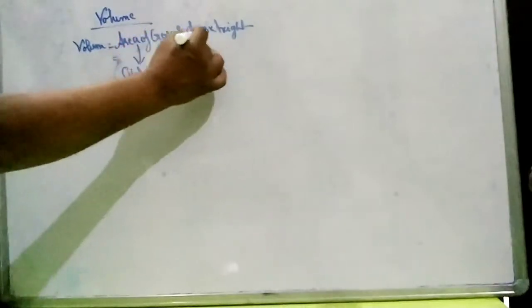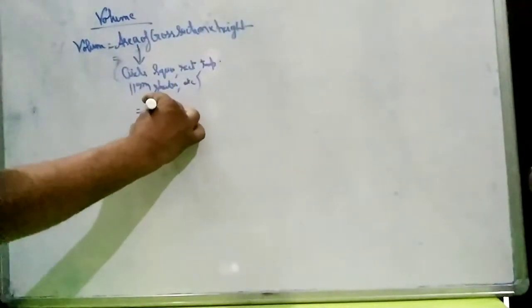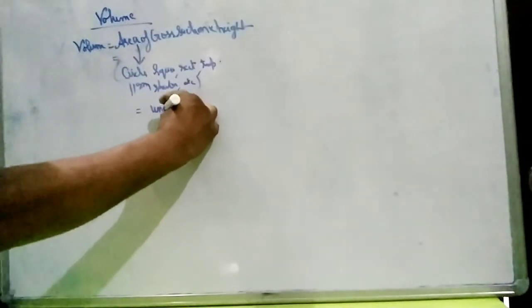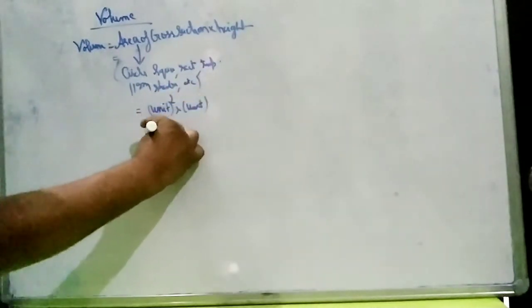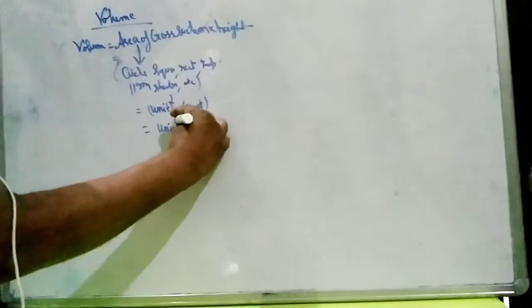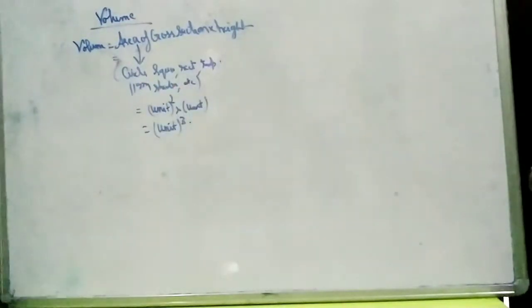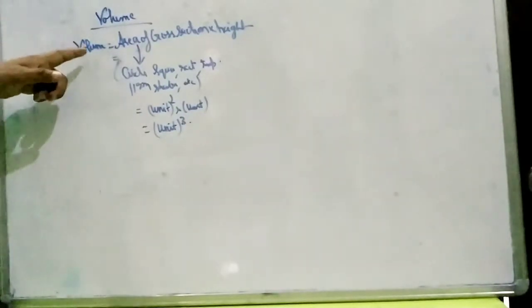So, area of cross section into height. Area of cross section is measured in unit square, height is measured in simple unit. So for volume it will be unit cube. This is the formula for volume for any general volume: area of cross section into height.